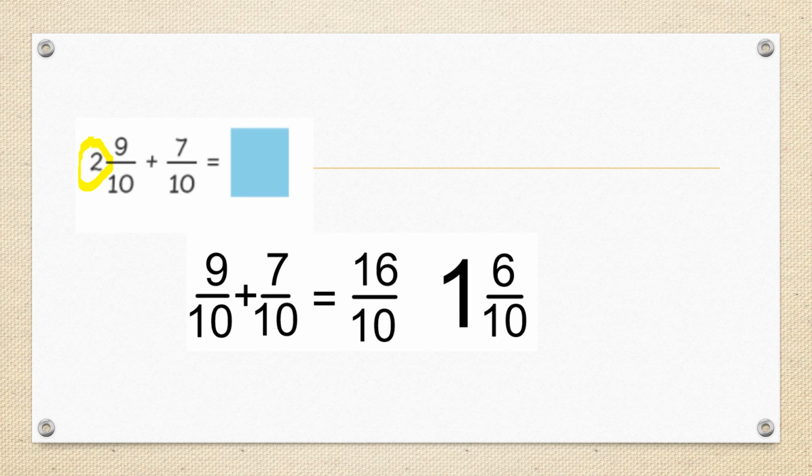This can be simplified into 1 and 6/10. Now we need to remember to add our 2 back on that we haven't used. And this would give us 3 and 6/10.